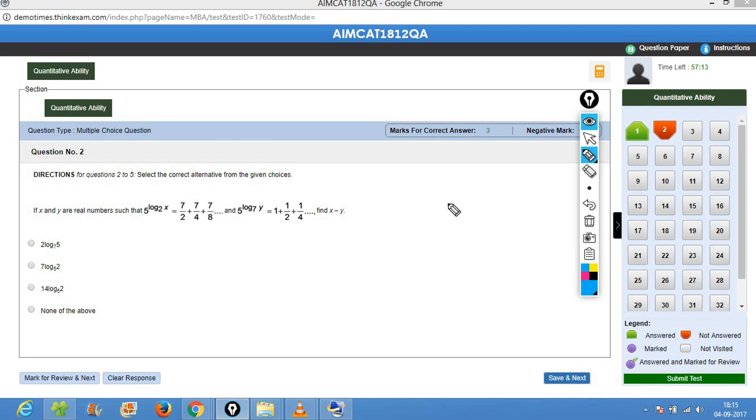And this comes out to be A is 7 upon 2 upon 1 minus 1 upon 2. So this comes out to be 7 upon 2, this is 1 upon 2. So the answer is 7. So 5 raised to the power log 2x is equal to 7, right?